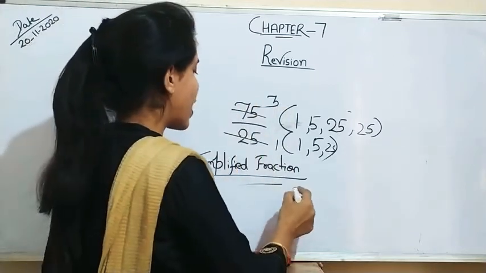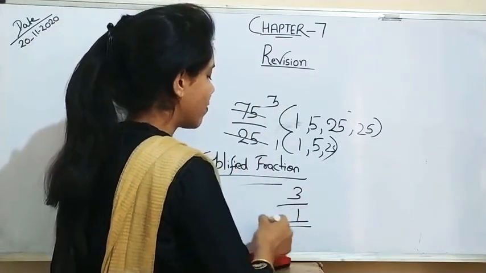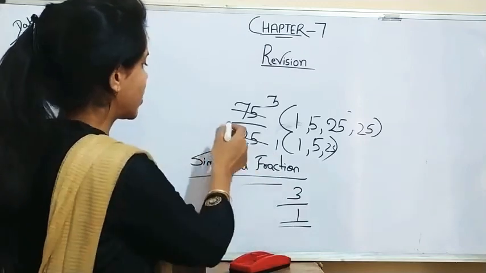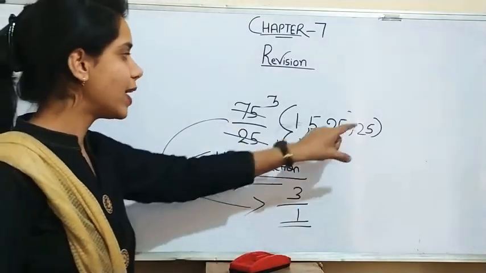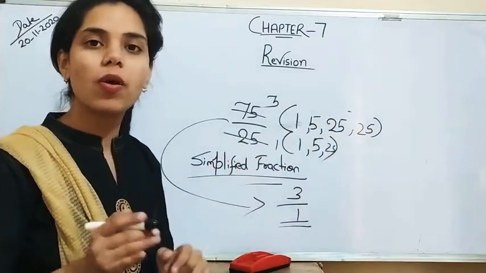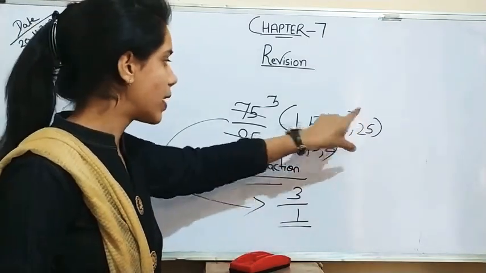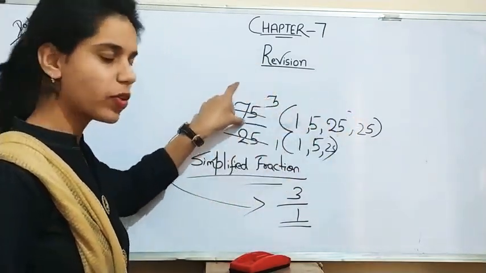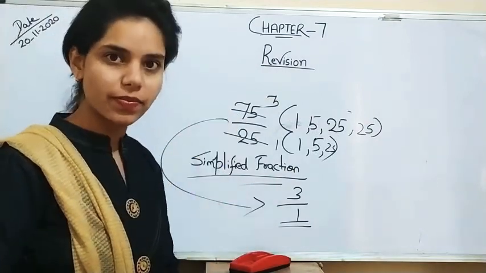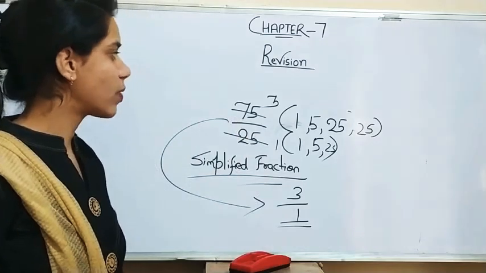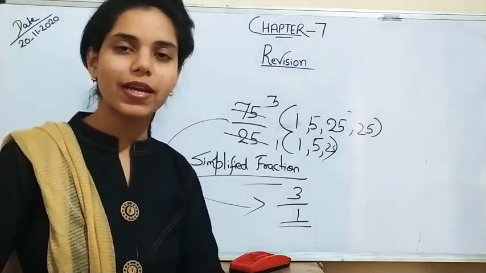So 3 by 1 will be the simplified fraction of 75 by 25. Okay. Find out the HCF, the highest common factor. Then you can divide by that HCF. So you will get the simplified form of the given fraction. Okay. So in this way you can find out the simplified fraction.